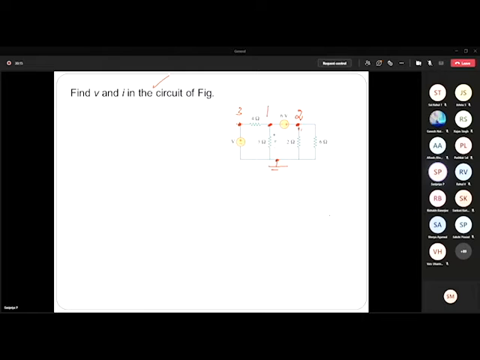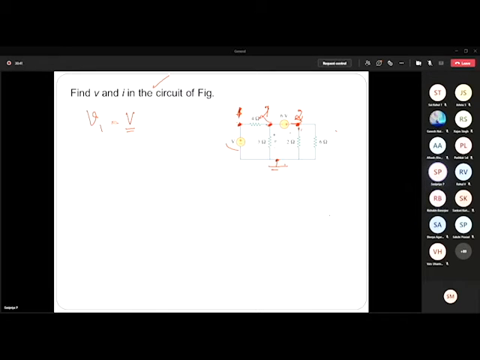Three nodes, because this voltage and this voltage are definitely going to be different, so we need to assign 2 different voltages. Let me number them 1, 2, 3. Now V1 is nothing but V, because the voltage at node 1 with respect to ground is V, but the value is unknown.